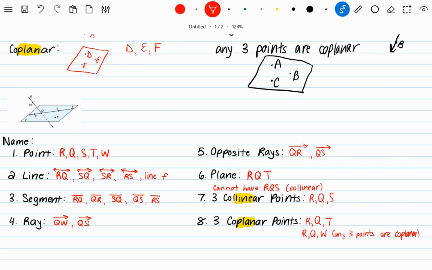And one last thing to add for number 6, you can also name that as plane V because letter V is uppercase and it's in one of the corners and it doesn't have a dot. So it's representing the entire plane. Thank you for watching.